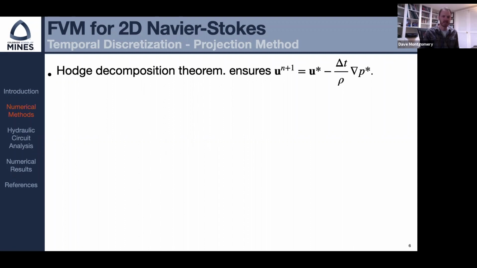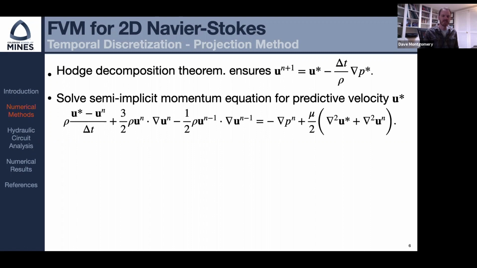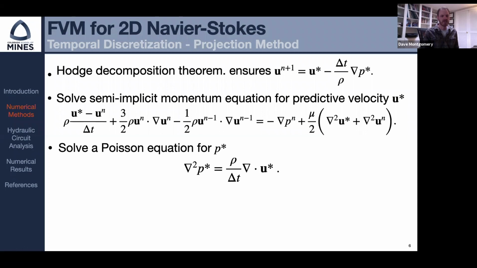The projection method decouples pressure from velocity by projecting onto the space of all smooth velocity fields, including compressible velocity fields. At each time step, we solve the momentum equation for a predicted velocity u star using pressure from the previous time step. U star is then used in a Poisson equation for an intermediate variable p star.